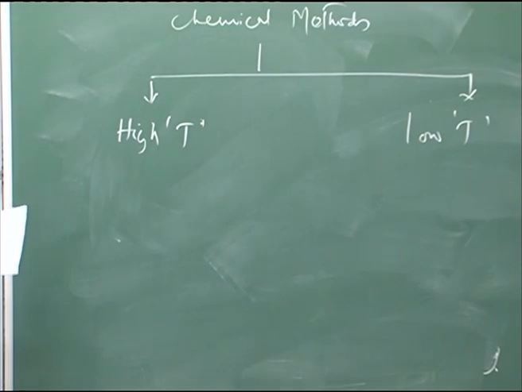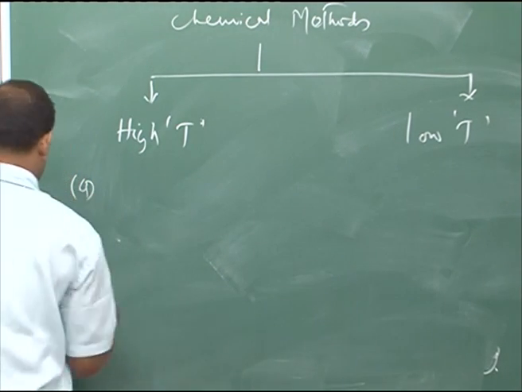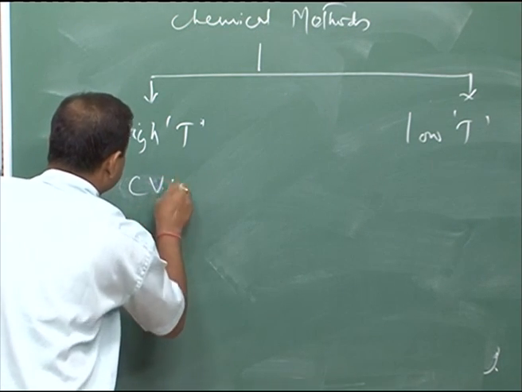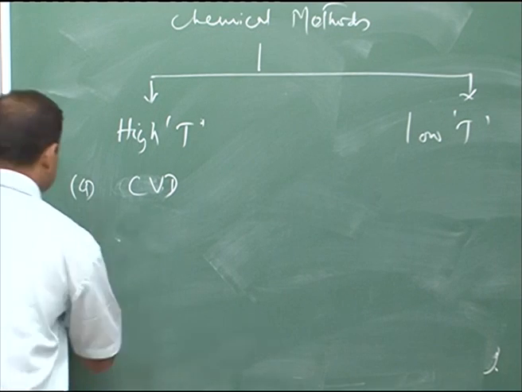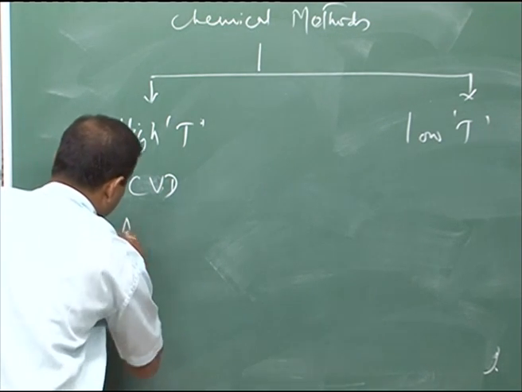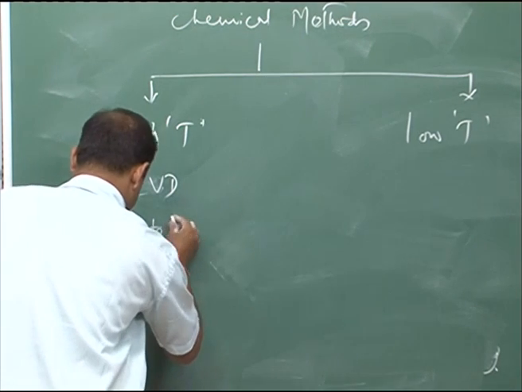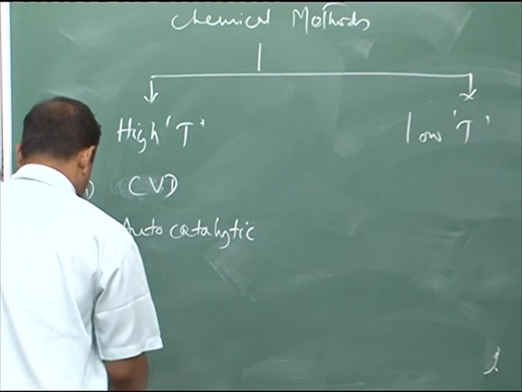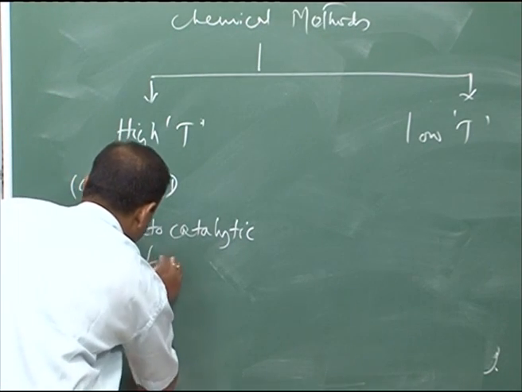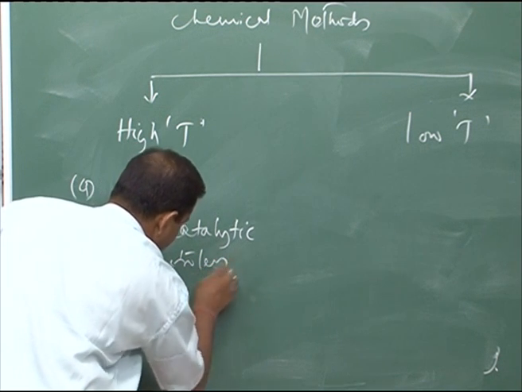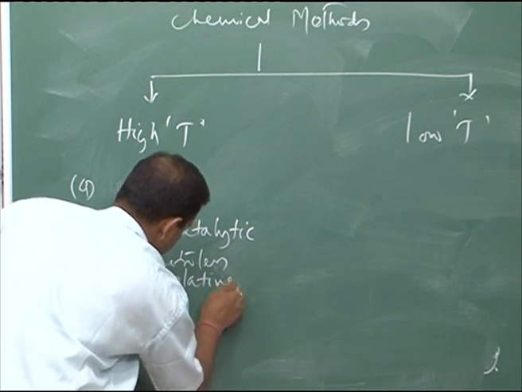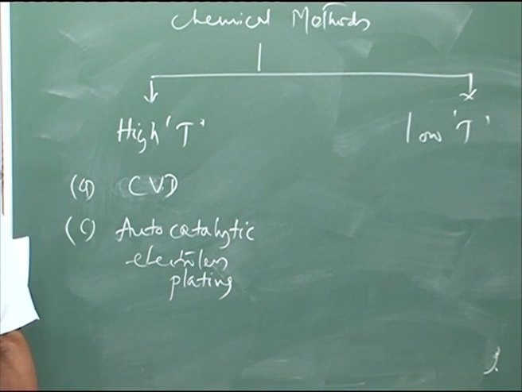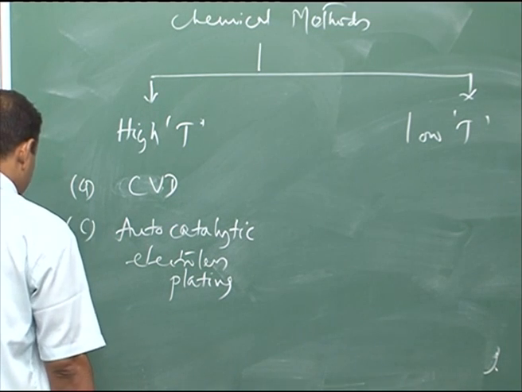Some examples of high temperature methods are chemical vapor deposition, or CVD. We can also have autocatalytic electroless plating, chromizing or aluminizing.